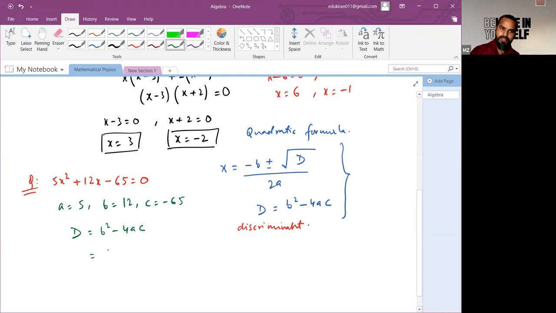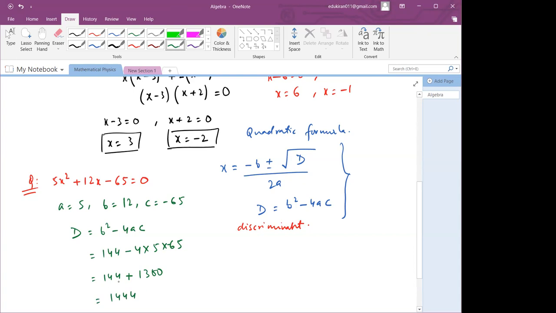B is 12, so its square would be 144 minus 4 into A into C. Here we have minus 65, so it will become 144 plus 4 into 5, 20 into 65, so it will become 1300. 1300 plus 144, 1444. Okay.